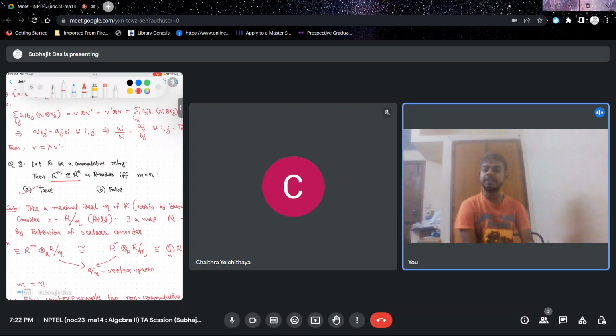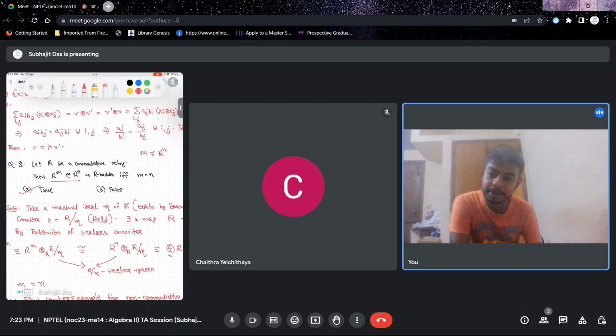We see that if R is a commutative ring, then any two bases of a free module over R will have the same number of elements. Just as we have the situation for fields, we have the same thing here. So if M is a free module over R, assume finitely generated, and assume that it has a basis with n elements, then M is isomorphic to R^n as an R module.